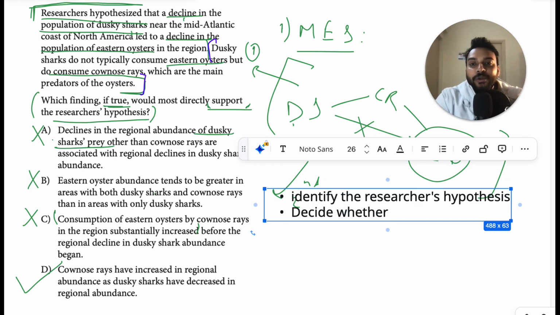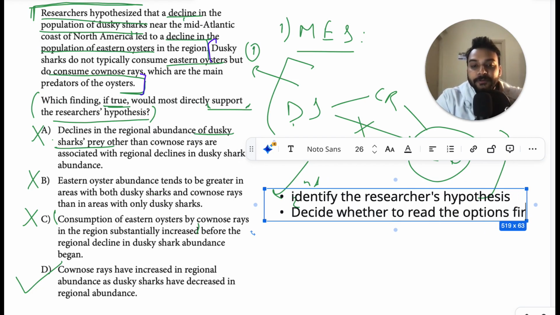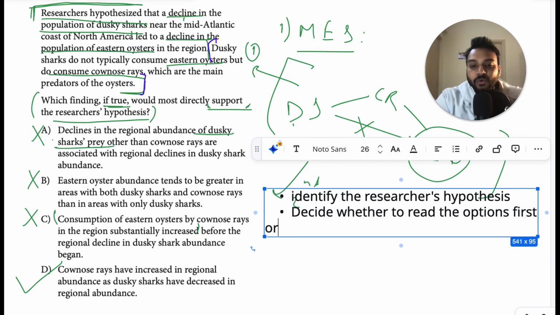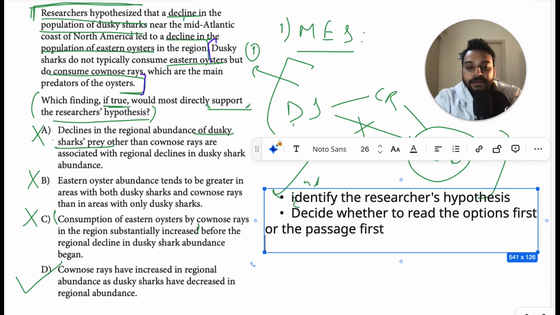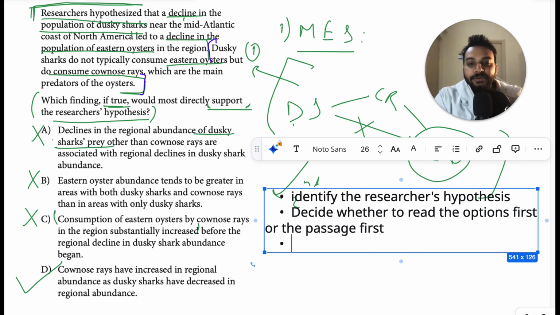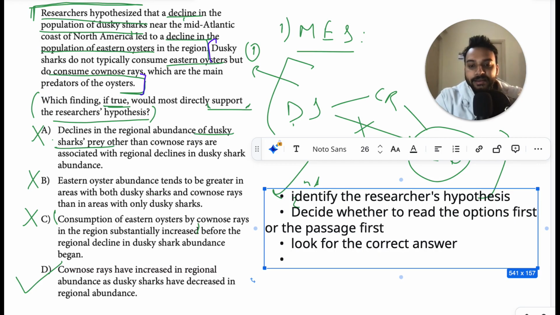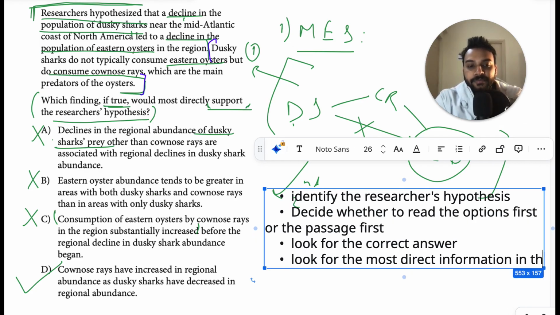You need to decide which one takes the minimum effort. Based on that, you look for the correct answer. Again, look for the most direct information. Like I've always said, look for the literal answers, the direct information in the options.